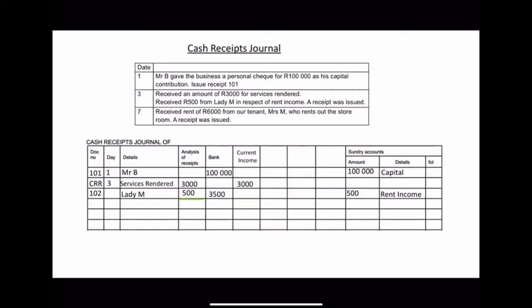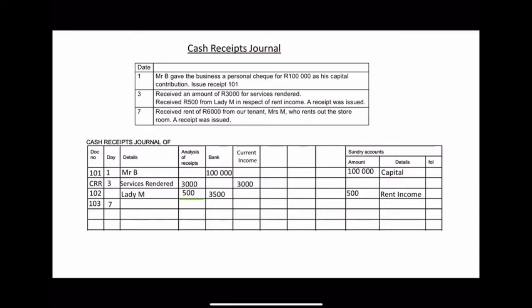The last transaction is we received a rent of 6,000 Rand from our tenant, Mrs. M, who rents out the storeroom. A receipt was issued. So automatically we know a receipt was issued. We need to go in numerical order, and our next receipt number is 103, and the date is the 7th.